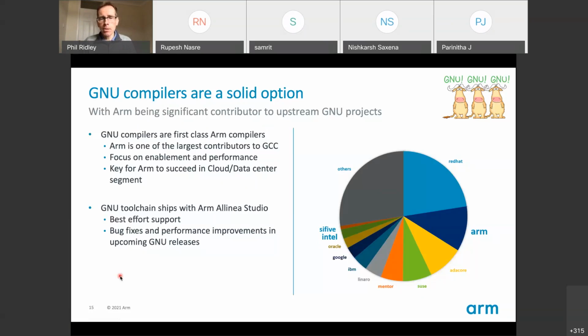So as I've mentioned, we do contribute quite significantly to the GNU toolchain, and this might surprise some because, as a commercial company, you wouldn't perhaps consider that we spend a lot of time getting code sent to GNU, and we do this obviously because we work with the mobile phone sector and others who are heavy users of the GNU toolchain.